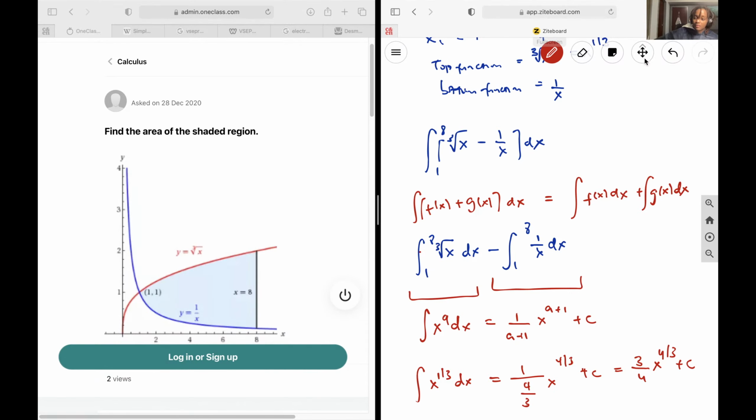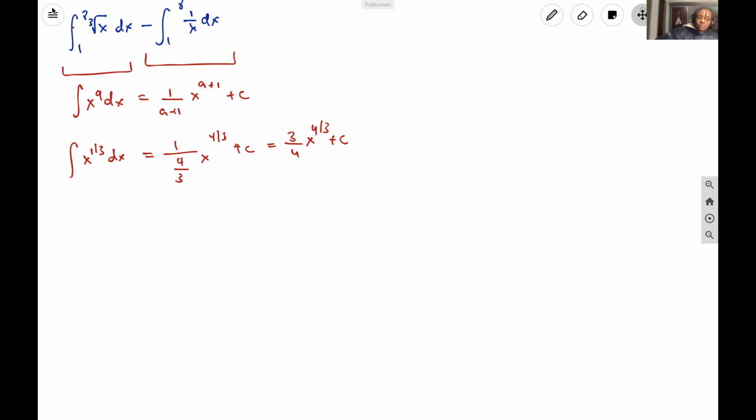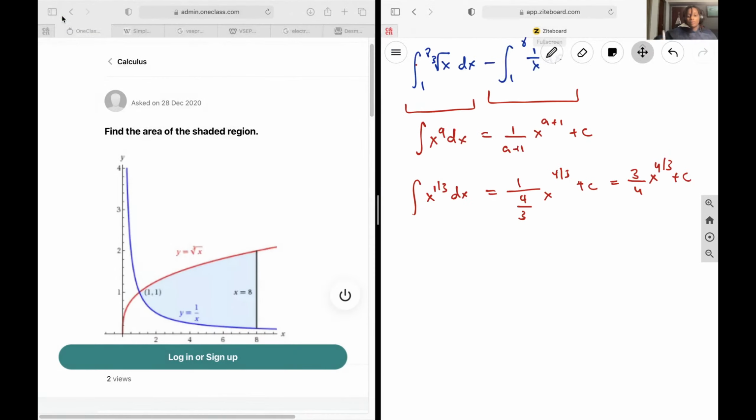And so now when I combine all of that, that is going to give me that the area is going to be equal to 3 over 4 x to the power of 4 over 3 minus the ln of the magnitude of x plus c.